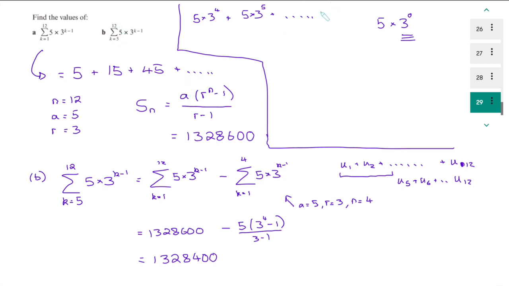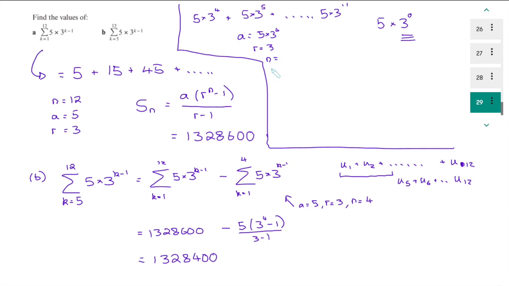So my last term is going to be 5 times 3 to the power of 11. So what you could do is say, well, what have I got here? I've got a geometric sequence, but this time a, my first value, is 5 times 3 to the 4. r is 3, and n is the number of terms.